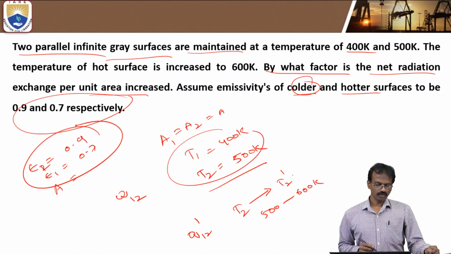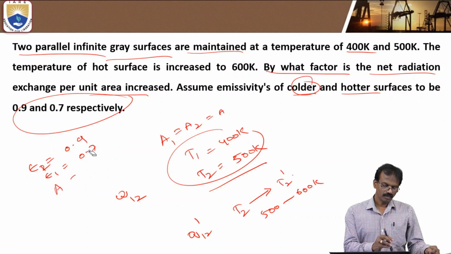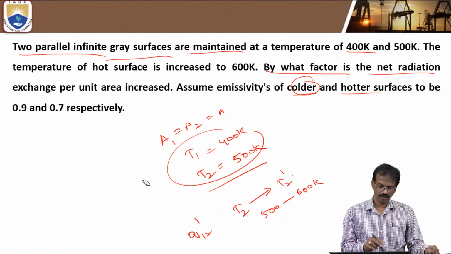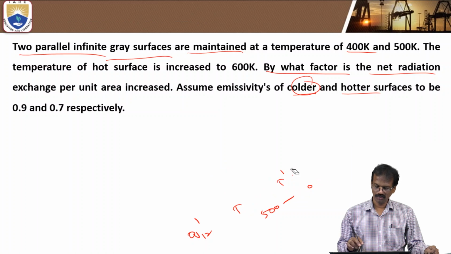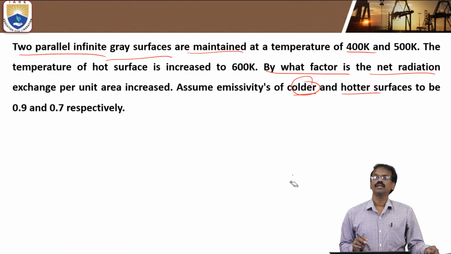So these are the given data. Emissivity is given, and for unit area, you can take A is equal to 1. Temperatures have been given, and then the surface temperature of the second body has been increased. So here there are two conditions.